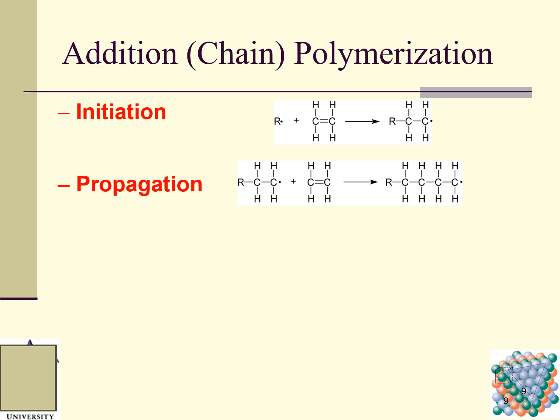Then propagation. You can see R here, and this one has a dot. This is C with a double bond, which will open and become a single bond, and this carbon and this carbon will be bonded together as shown.